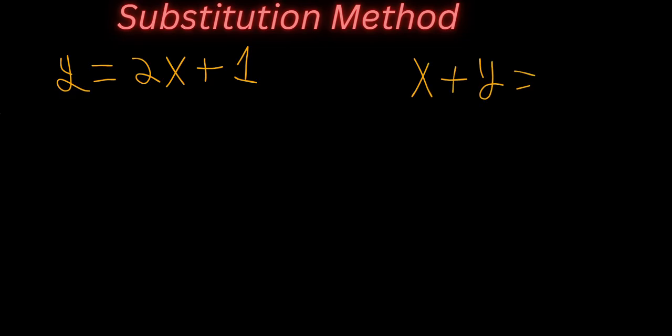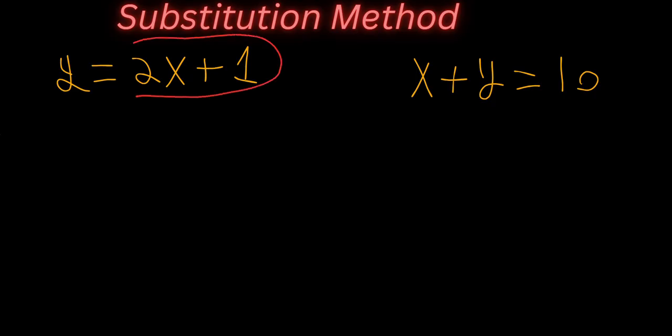So let me explain the substitution method to you. Here's the big idea. If you see y equals 2x plus 1, then wherever you see y, you can replace it with 2x plus 1. So if I see x plus y equals 10, well, I can replace that y with this.